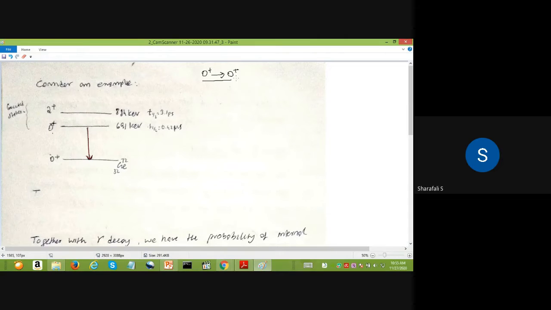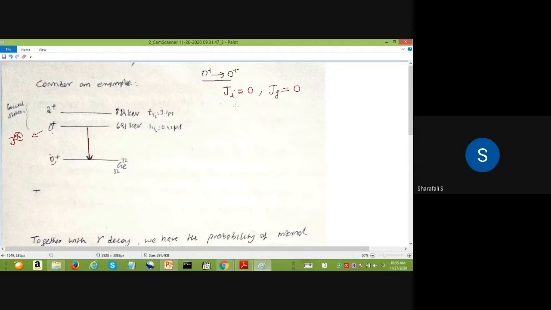So if you consider that particular transition, then Ji is the initial state angular momentum in the excited state. Here we represented it as J pi, so the angular momentum J is 0, and the parity is positive. So Ji equal to 0, and Jf, the final state angular momentum in the ground state, is also 0.